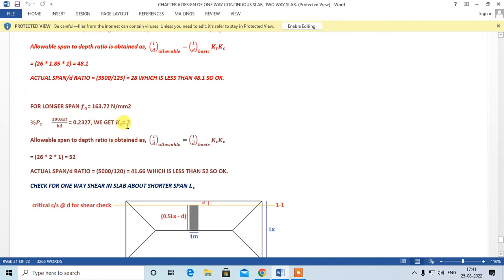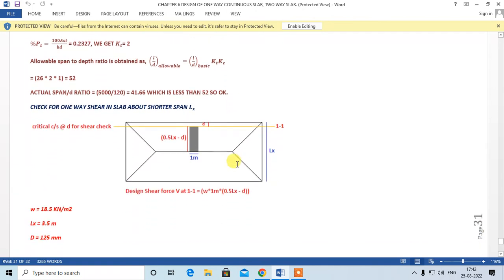So KT is found to be 2. The allowable span to depth ratio is 26 into 2 into 1, that is 52. Actual span by d ratio is Ly is 5 meters, d is 120, so this is 41.66, which is less than 52. So that is okay. It satisfies the deflection criteria.